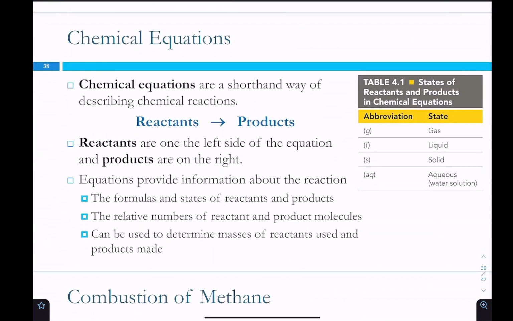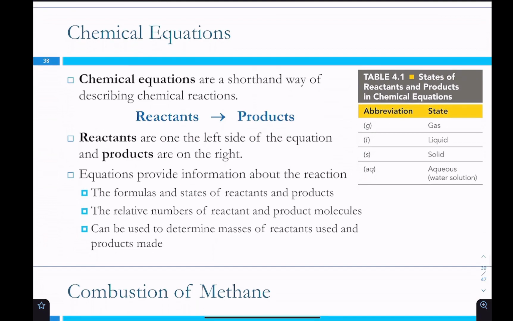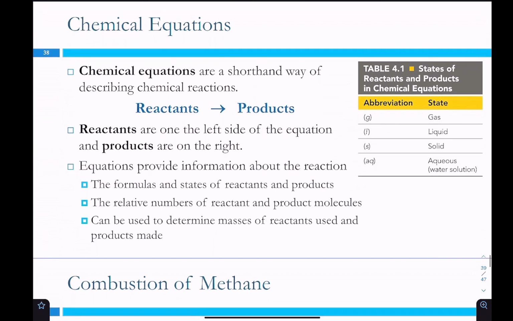So our chemical equations are shorthands for describing chemical reactions. We have reactants on the left and products on the right. Reactants react, products are produced. So one goes in, the other comes out. In those chemical equations, we denote the state of that substance with a lowercase g, l, or s: gas, liquid, or solid. And then aqueous, which, like everything in this class, is aqueous.